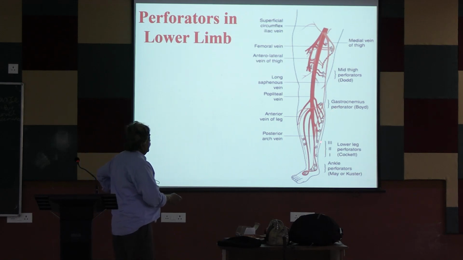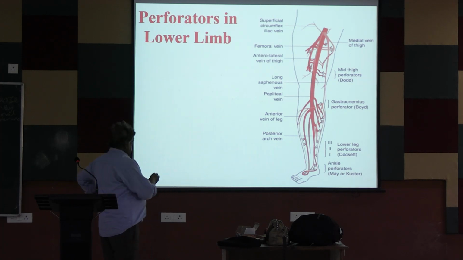Now posterior vein, arch of the vein, lower leg perforators of Cockett. Now 3, 2, 1, 3, 2, 1, and ankle perforators of May or Kuster. This is the name of the anatomist who dissected out and found them, they were first to see this.